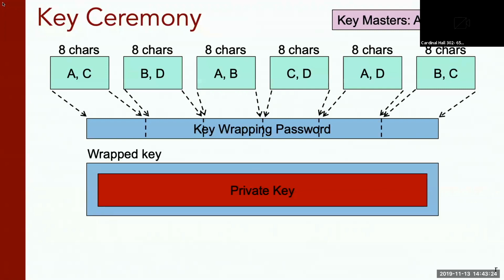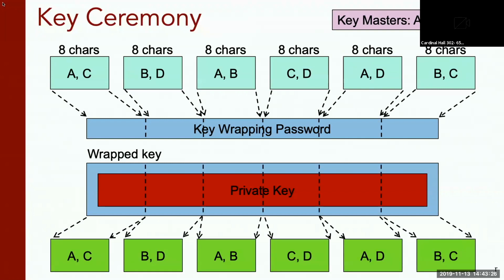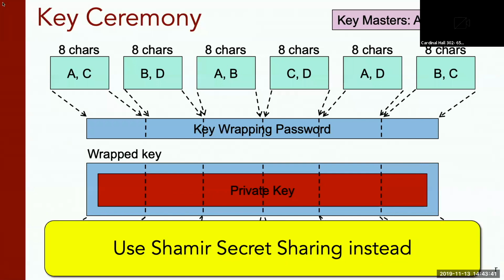We wrapped the key with that password. And then we split up the private key. We split it across 6 parts across the 4 key masters. Again, it would take 3 of the 4 key masters to reassemble it. In hindsight, we probably should have used Shamir secret sharing instead of that last approach.